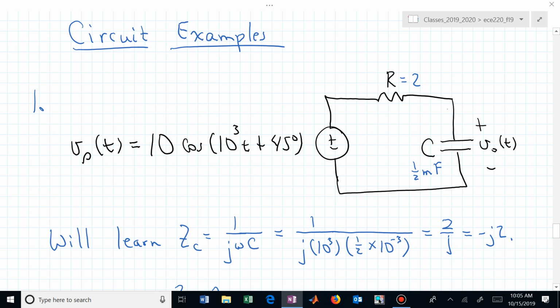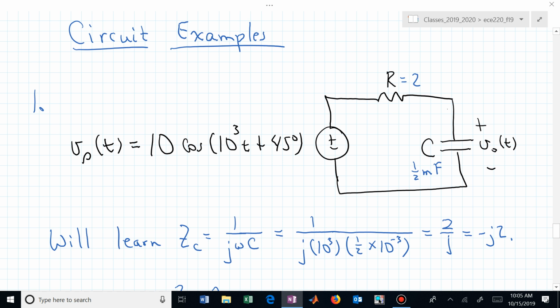It's 5 time constants, and you'll learn more about that when we get into first-order and second-order circuit analysis. Let's just say our time constant is 100 milliseconds. We'd have to wait 5 of those, a whole half of a second, before we actually made it to infinity and were in sinusoidal steady state.